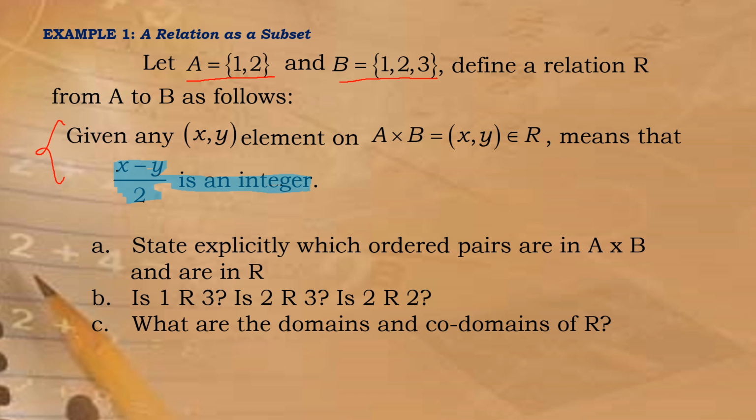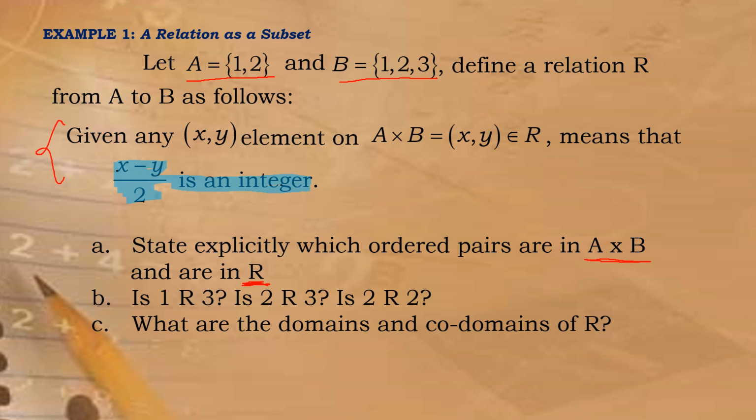We have here three questions. First, state explicitly which ordered pairs are in A cross B and are in R. So we will list down all the elements of A cross B, and we will identify which are considered as relation ordered pairs.